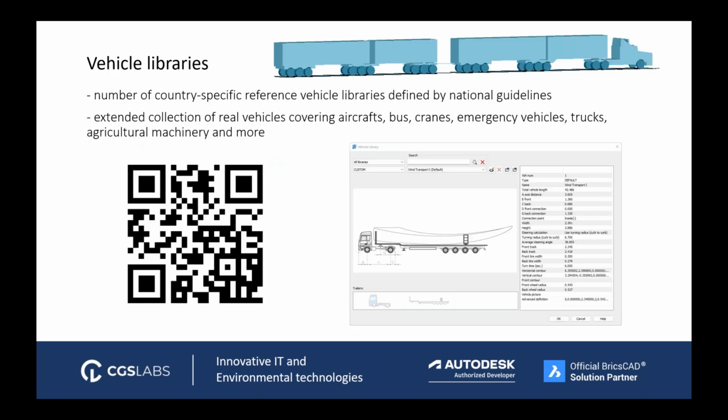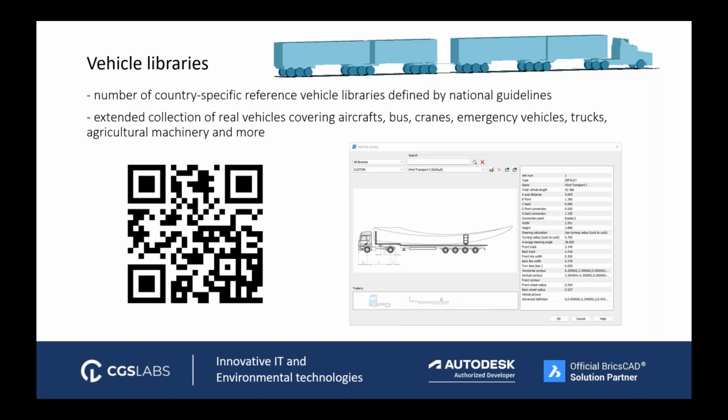And one of the most incredible advantages of Autopath is a huge library of country-specific reference vehicle libraries defined by national guidelines, an extended collection of real vehicles covering aircraft, buses, trucks, trailers for wind turbine transport, cranes, emergency vehicles, and more. By scanning this QR code, you can find a list of all vehicles in Autopath.